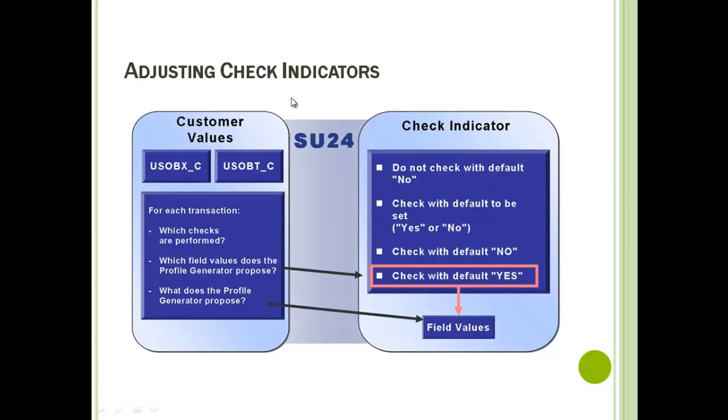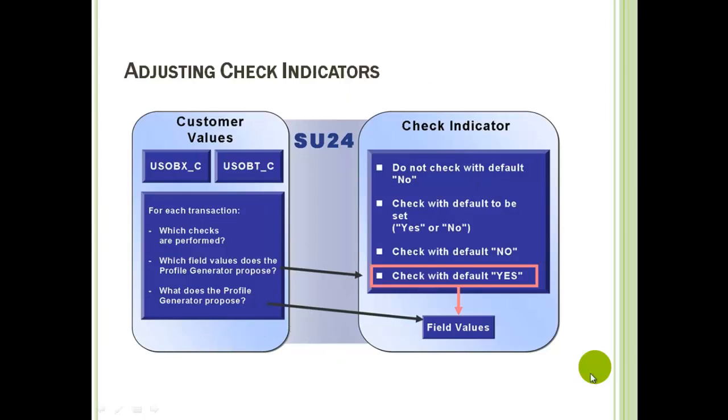This is the check when it is done during SU24. So we have the customer table here, identified as underscore C, which has all the values which we changed based on our requirement. Whenever you run SU24 and put one transaction code, it picks up the values from here.